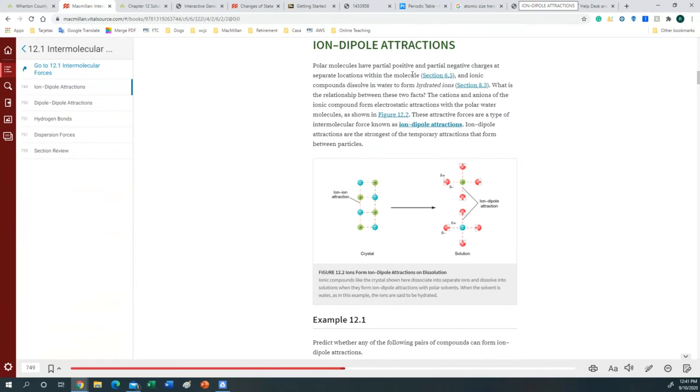I don't remember what a polar molecule is. Oh God, you can just click here and it takes you straight to that section within the book. So you don't have to go to the index and see where that section was covered, you know what I mean? Or I want to know a little bit more about the ion-dipole attraction. You just click there and it's going to take you straight to that part. That's why I like this version a little bit better, right?